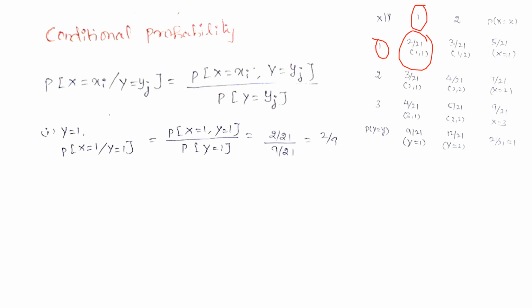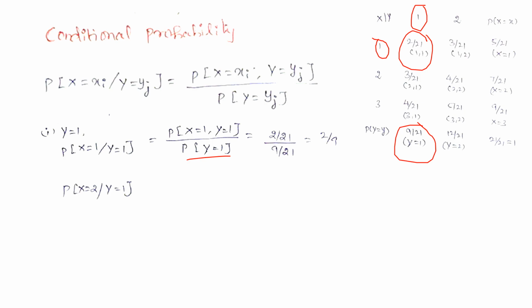P of Y equal to 1 is the marginal distribution of y, that is the sum of this column, which is 9 by 21.